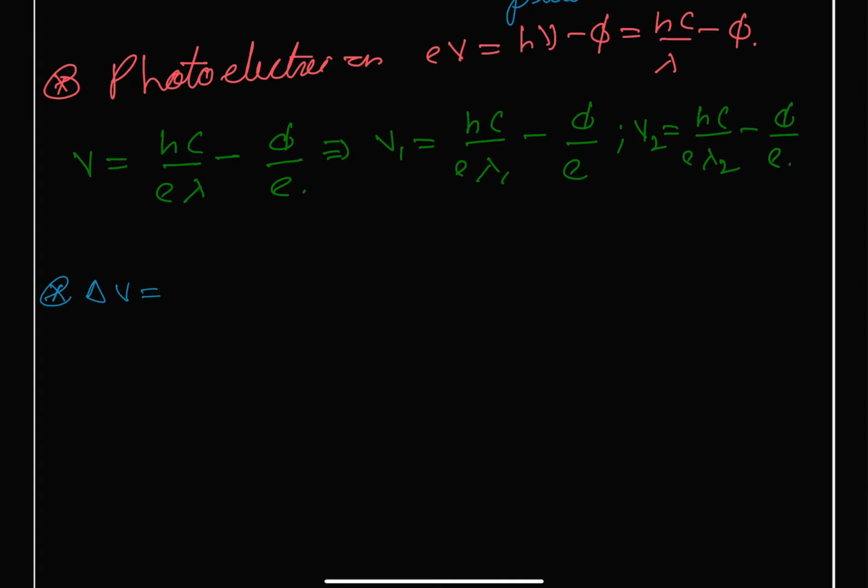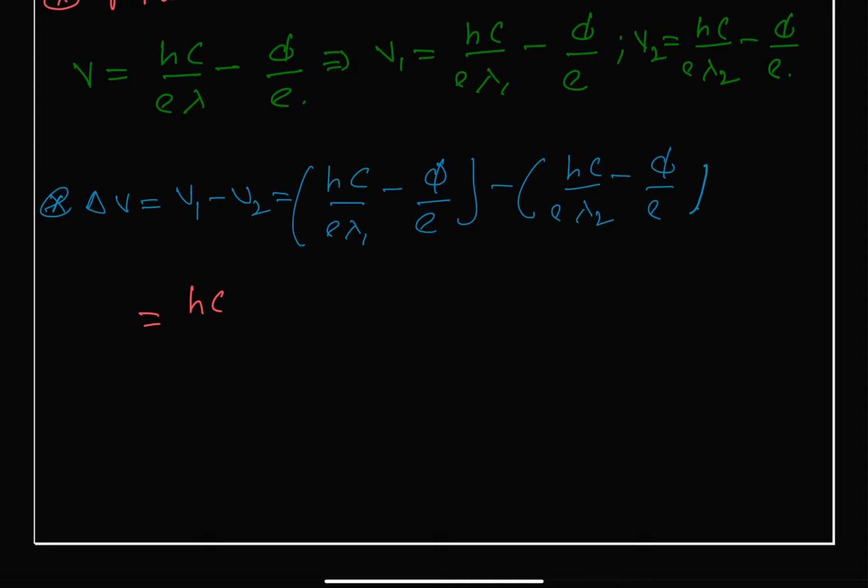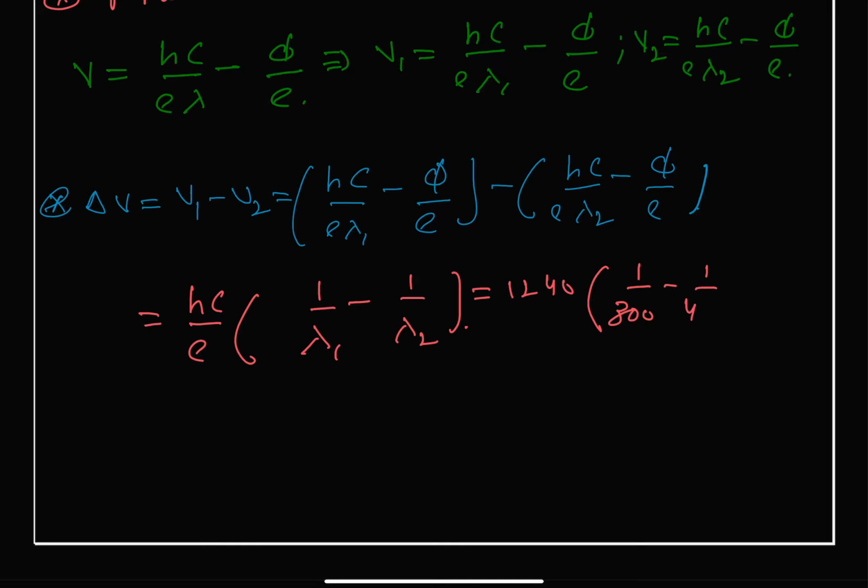So we can take our HC upon E as common. This will be 1 upon lambda 1 minus 1 upon lambda 2. Now we can easily substitute the values. We get this as our 1240, and we have 1 upon 300 minus 1 upon 400.